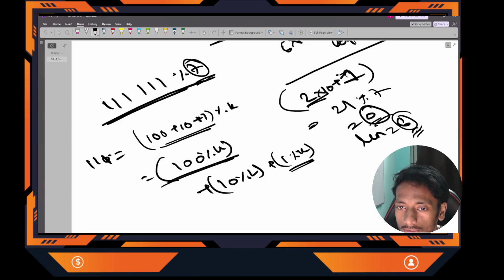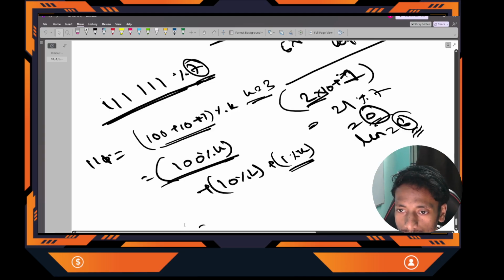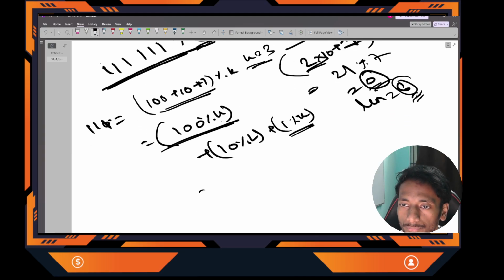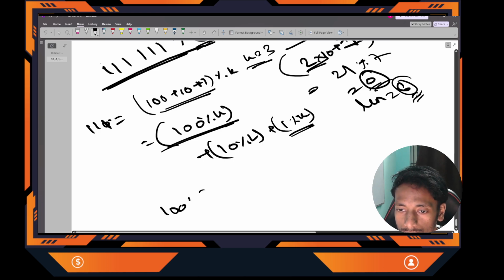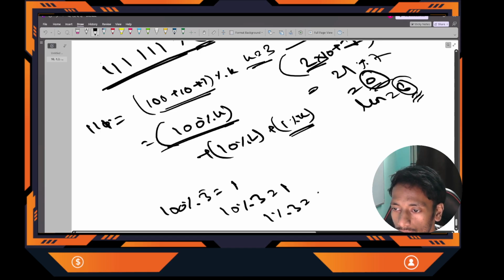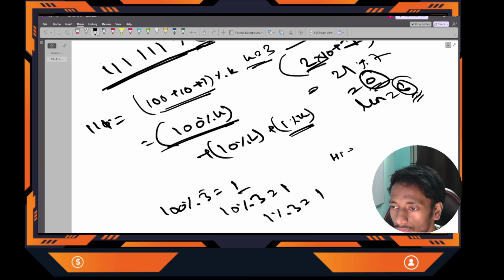If I do the sum of this, suppose k value is 3, to verify this: 100 modulo 3 is 1, 10 modulo 3 is also 1, 1 modulo 3 is 1. Now if I do the sum, 1 plus 1 plus 1 modulo 3, 3 modulo 3 is 0.